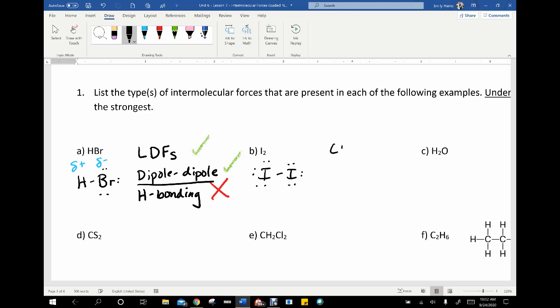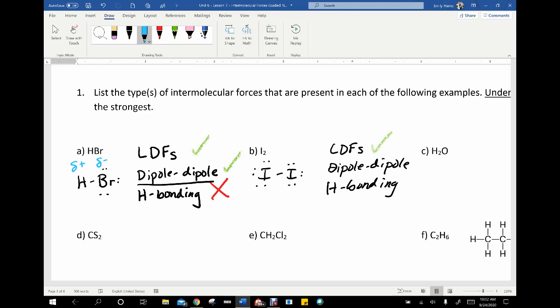Okay, so we've got our three forces: London dispersion forces, dipole-dipole forces, and hydrogen bonding. Let's check to see which forces it has. We know that all molecules have London dispersion forces, so we can immediately check that one off. The next question is, is the molecule polar? Well, not quite.